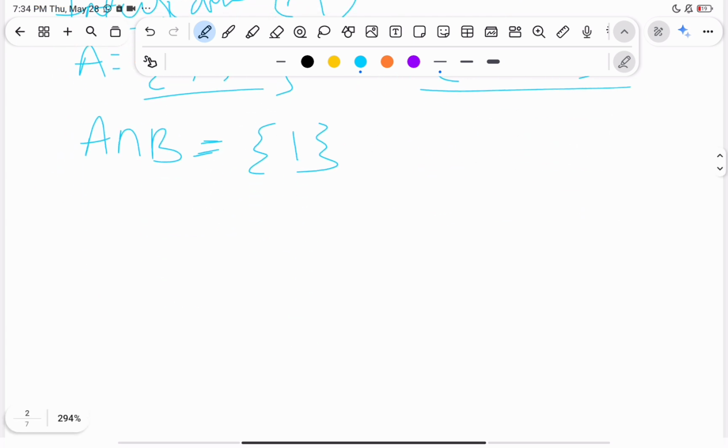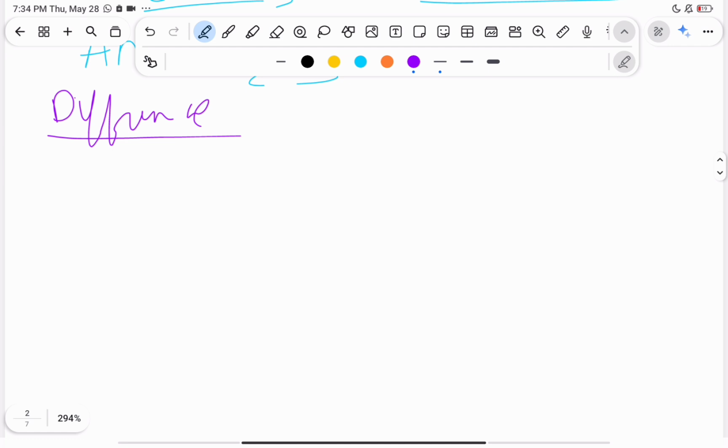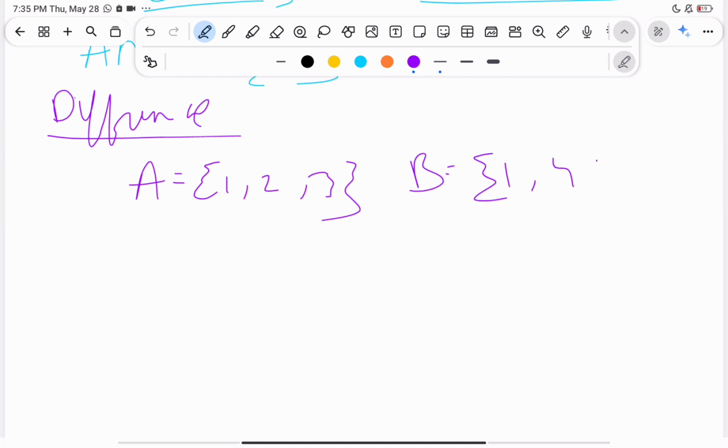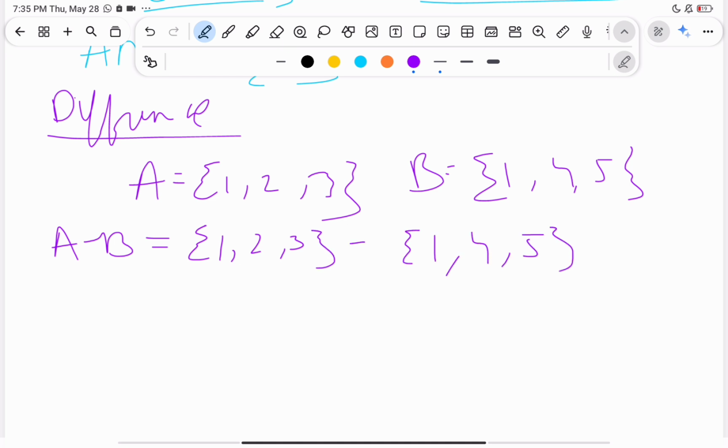Difference of set. What is difference of set? In difference of set, if A is equal to 1 2 3, again the same example, and B is equal to 1 4 5, then A minus B is 1 2 3 minus 1 4 5. We have to cancel the common elements here.